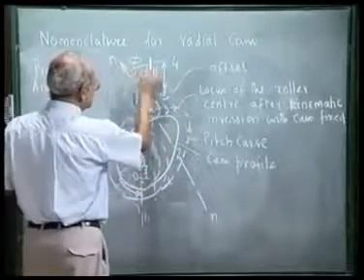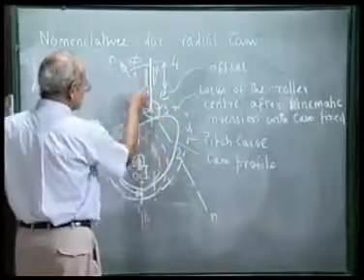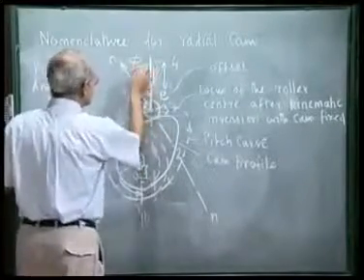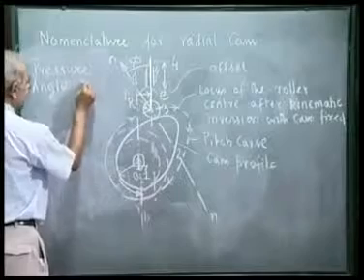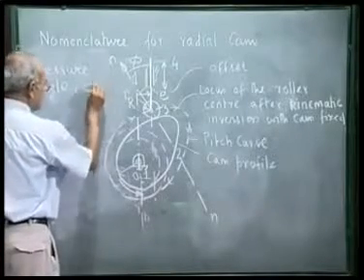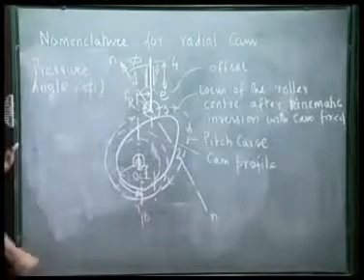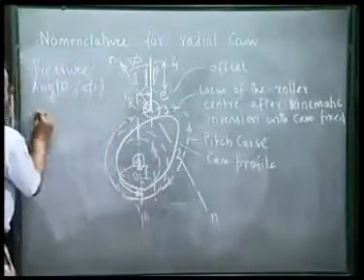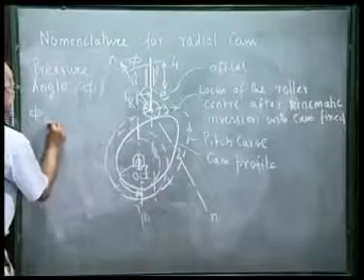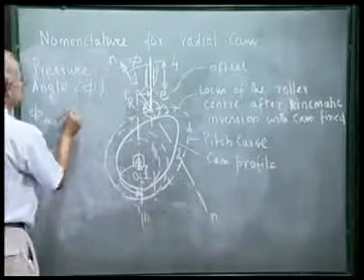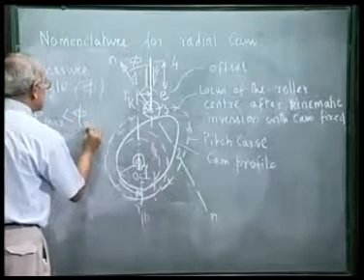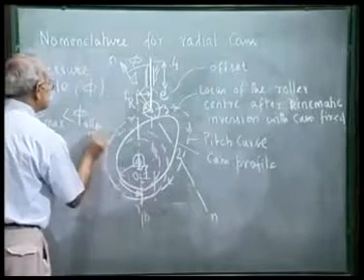So, the angle between these two directions, between the normal contact force and the direction of the follower movement, that we call pressure angle. This angle phi is called pressure angle. And obviously, for smooth movement of the follower, this phi max should be less than some maximum value phi allowable.